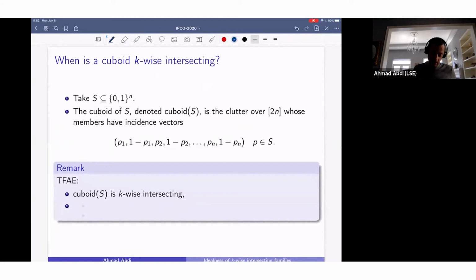Okay, so the question is, when is this true? What I want to do is understand what the conjecture is saying just for the class of cuboids. So the first thing you want to understand is, what does the k-wise intersecting condition imply for cuboids? We want every k members to have a common intersection. That's going to imply that every k points in S have a common coordinate.